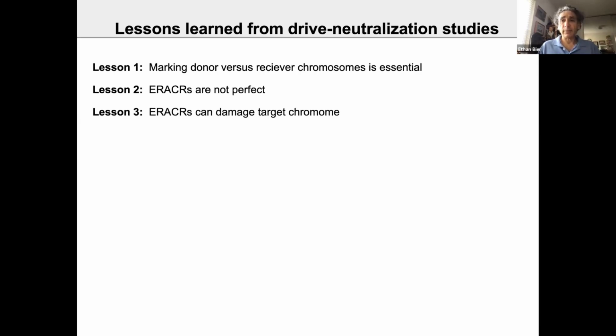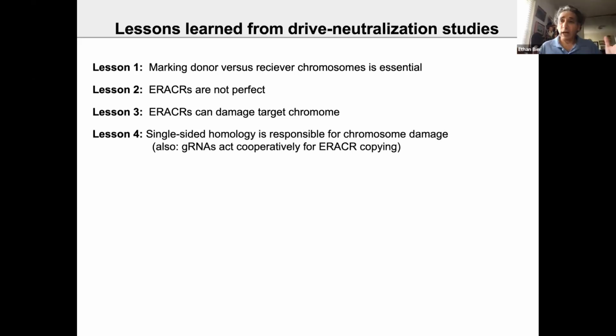The ERACRs can damage the target chromosome. That's what happens in that group where they don't copy, where they delete the ERACR, they delete the gene drive and don't copy. A very significant fraction, 90% females, are these damaged chromosomes. The reason that the damage is being created isn't that you've got two guide RNAs that are cutting and creating a difficulty in joining because they're cutting at the same time.